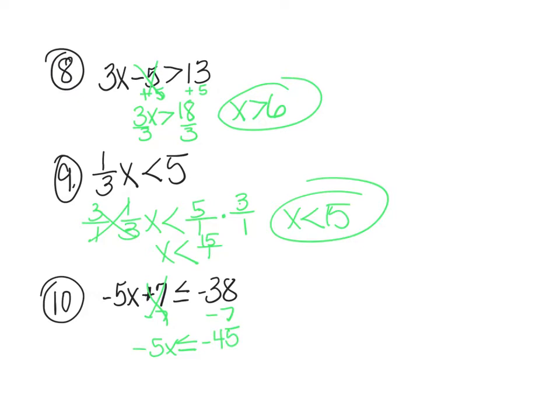You're going to bring this negative 5 over, and this is when you're going to change your sign. So these are going to cancel. X less than is going to change to greater than. Negative 45 divided by negative 5 is positive 7, because when you're multiplying or dividing two negatives, then they cancel out. So x is now greater than or equal to 7.